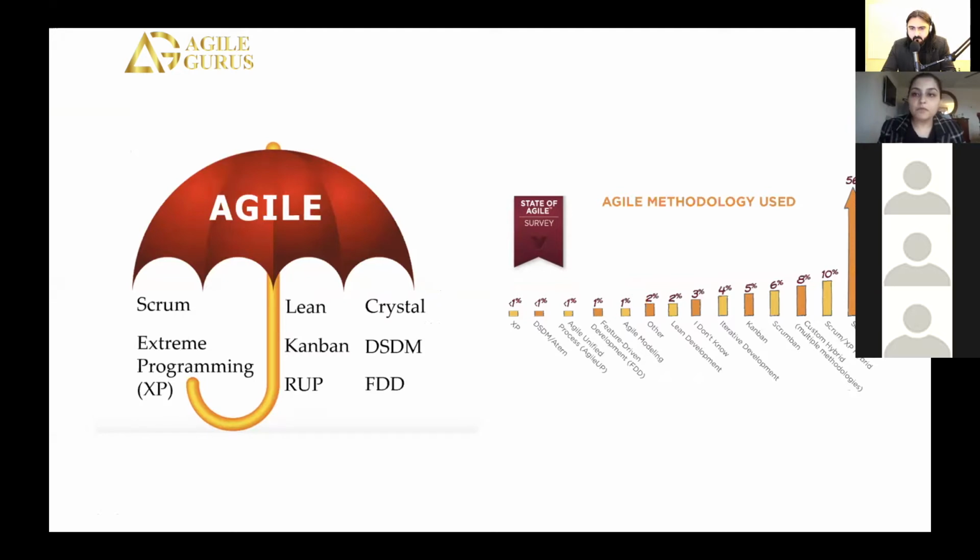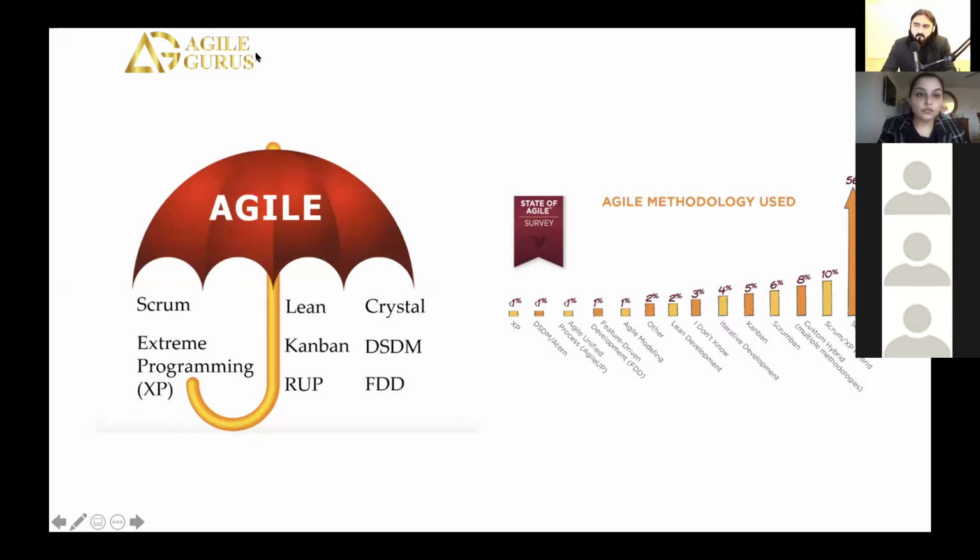You've got Scrum, Lean, Crystal, XP, Kanban, DSDM, RUP, FDD, and then you move to the scaled Agile methodologies, which I've not covered here, but SAFe, DAD, LeSS, Scrum at Scale. These are all the various scaling methodologies which also fall under the Agile umbrella, right?